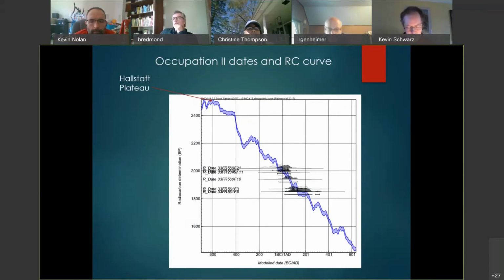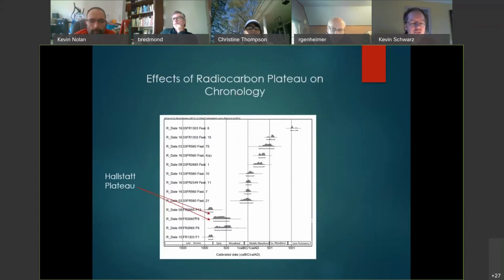It's present in the New World, and there's a few mentions of it in the literature, but a lot of people don't seem to know that much or mention it that much. I just wanted to point out, if you look at the next slide, a couple of the dates from 2665 from occupation 1, there's no reason that they should be as long as they are.